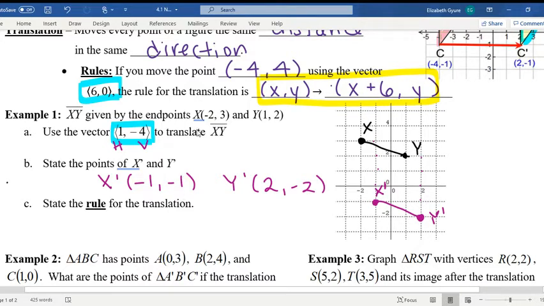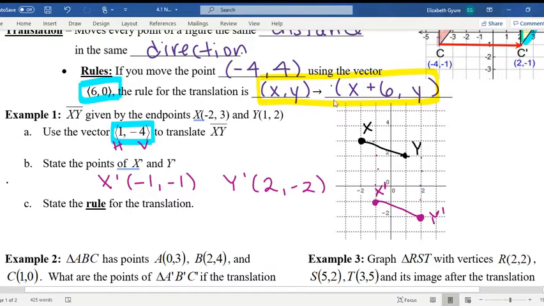So you added 1 to your X, and you subtracted 4 from your Y. If you looked at the same thing with point Y, 1 plus 1 is 2, and 2 minus 4 is -2. So that's just another way to think about it if you don't have a graph. And that's where this rule comes into play. See here it says state the rule. The rule helps you think about it in that way.